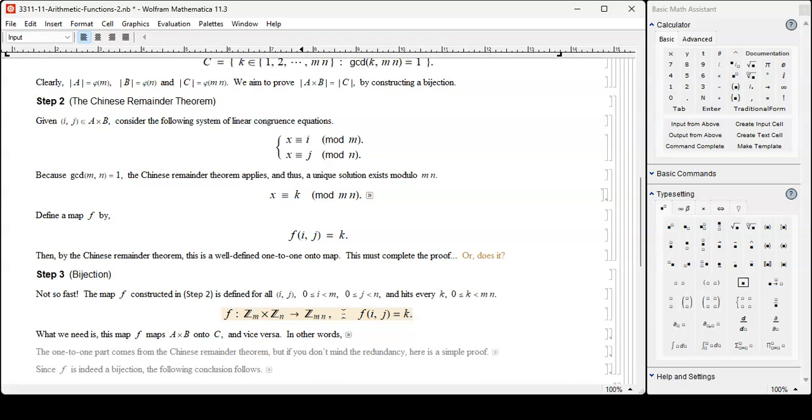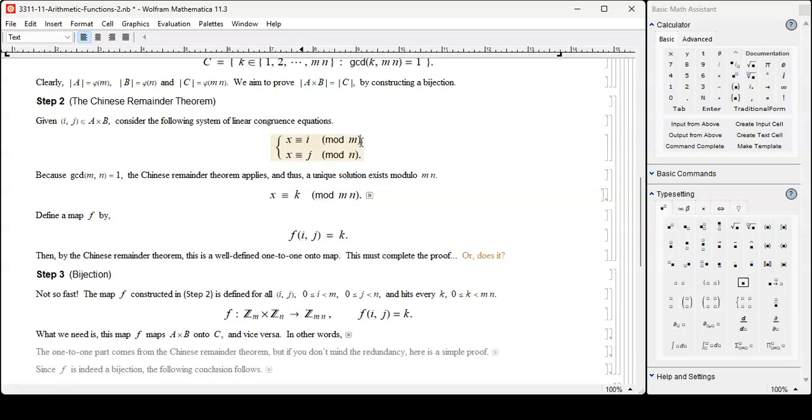What we want is, this is the correct map, but restrict it down to A cross B. Then does it map onto C? One-to-one and onto is, of course, always the case because this one is a bijection. So does this map onto C and vice versa? That's the question. All right.